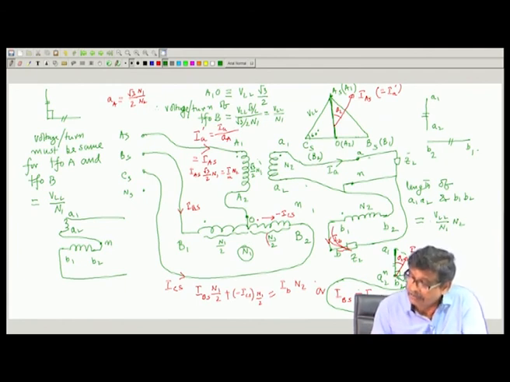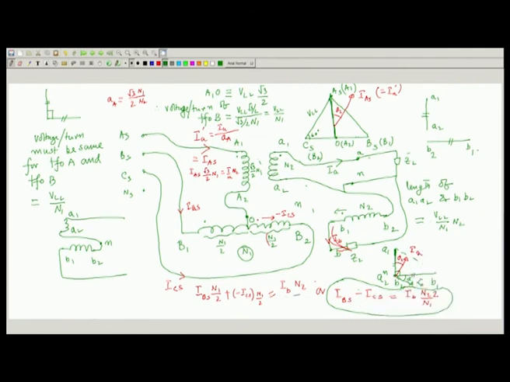The current direction IB I have assumed like this, coming out from the dot IB like this. So, IB into n 2, that is the secondary side. Then through the dots must current enter, and that MMF I have to calculate. Now, IBS enters through the dot.